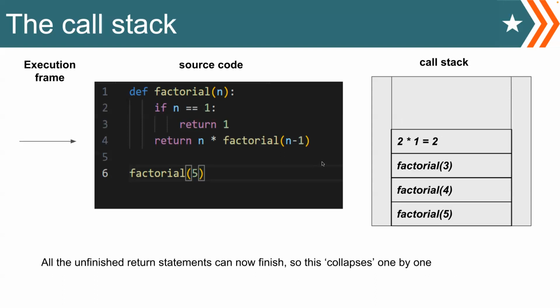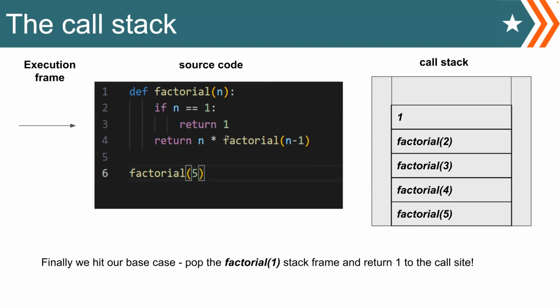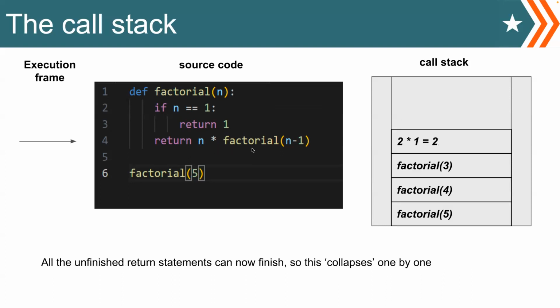So for factorial of 2, we've got 2 over here. Now that this one has returned, we've got 1. We've got 2 times 1. We can actually return 2. We can pop that off and do the same thing. This function call can now return.